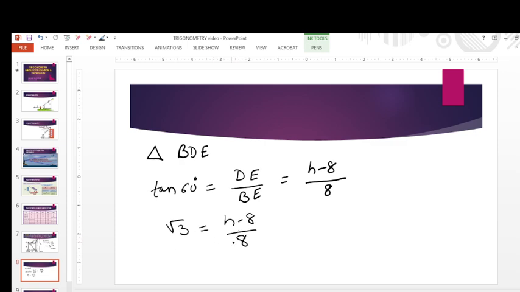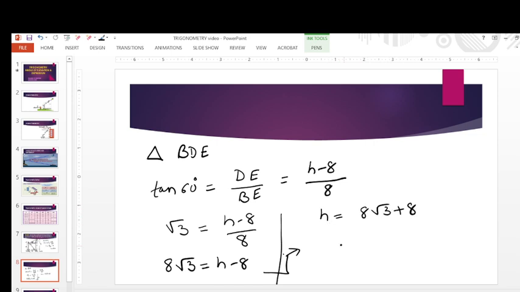Let's cross multiply or transpose, any way you can do. 8 root 3 is equal to h minus 8. H, I will transpose this side. H is equal to 8 root 3 plus 8. Now you can solve it like this also, otherwise take 8 common.